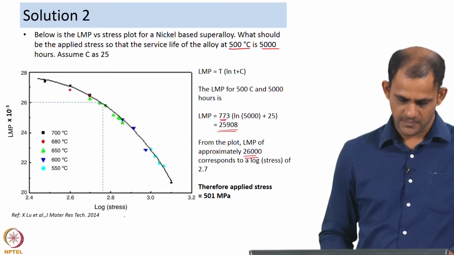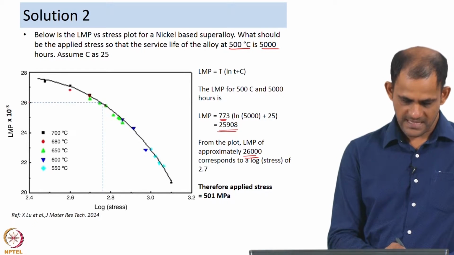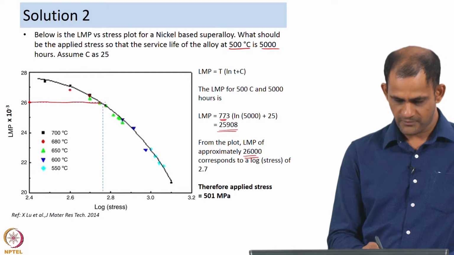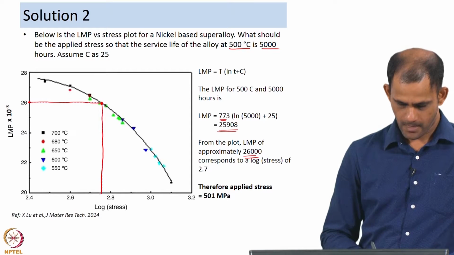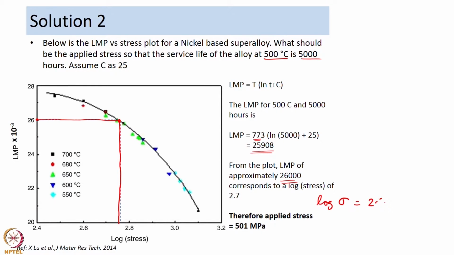So, if you look at this plot, you will have 26,000 as LMP at this point, and that would correspond to a stress value of approximately log stress is equal to 2.7. So, therefore, the maximum allowed stress will be 501 MPa.